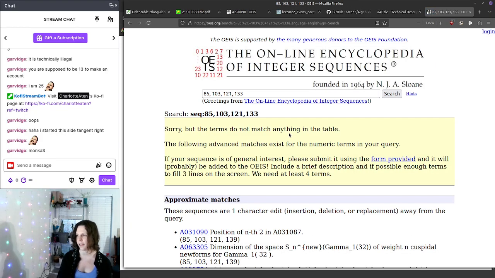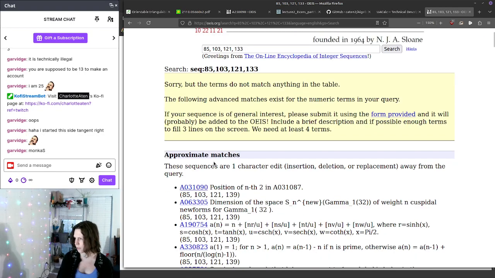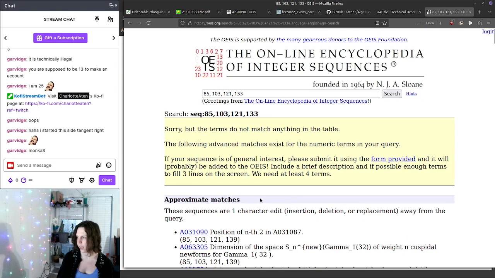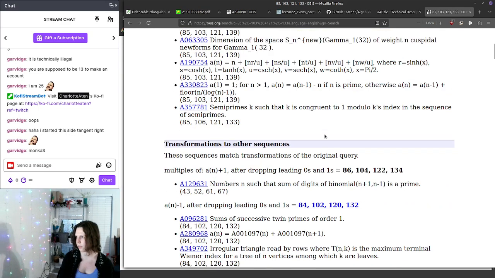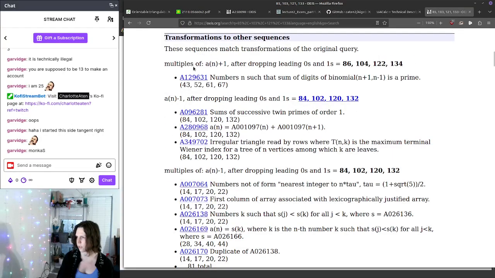Nothing. Well, approximate matches. Okay, so none of these are exact. They have tools, transformations, multiples.